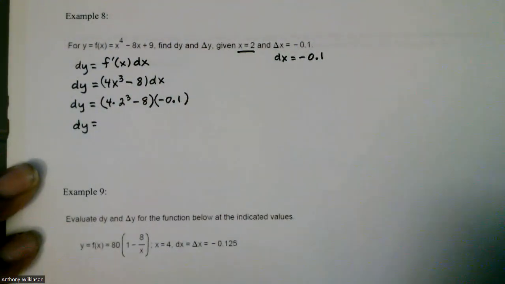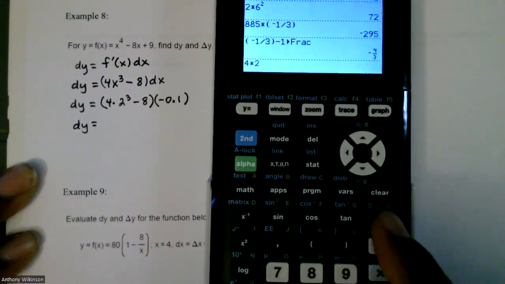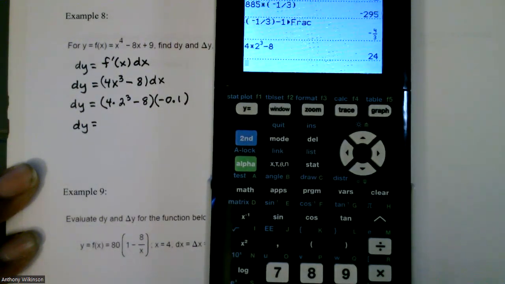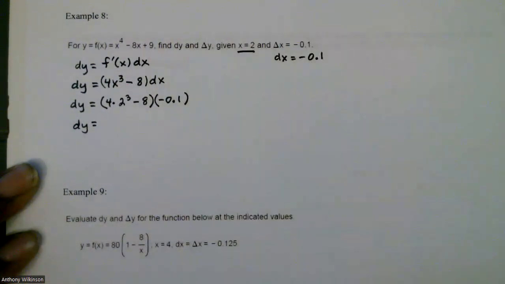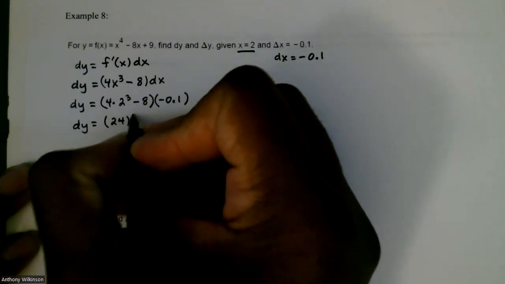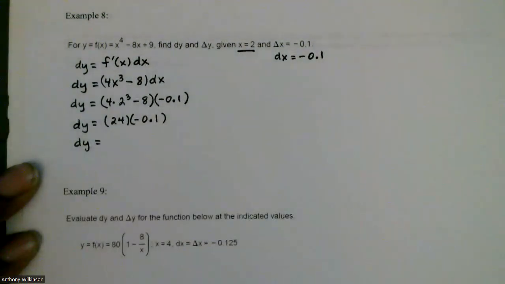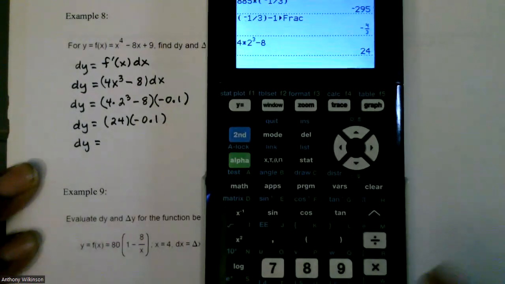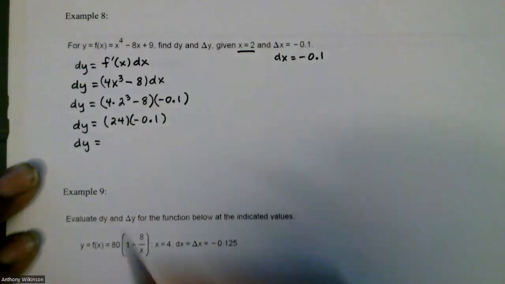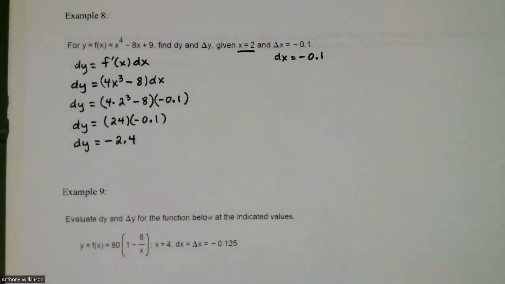So if I use my calculator and do this expression, 4 times 2, raised to the third, minus 8, that would be 24. So 24 times negative 0.1, negative 2.4. So dy then would be equal to negative 2.4.